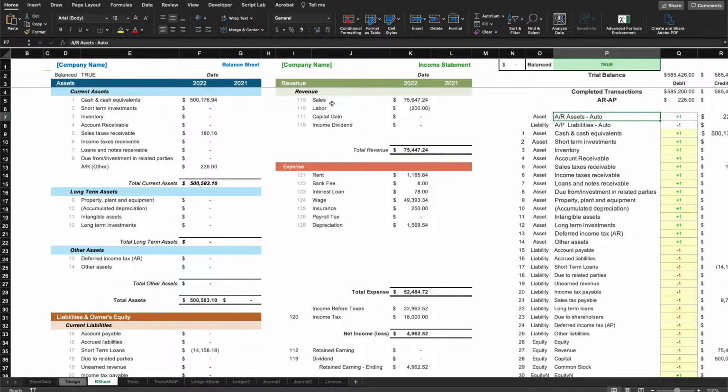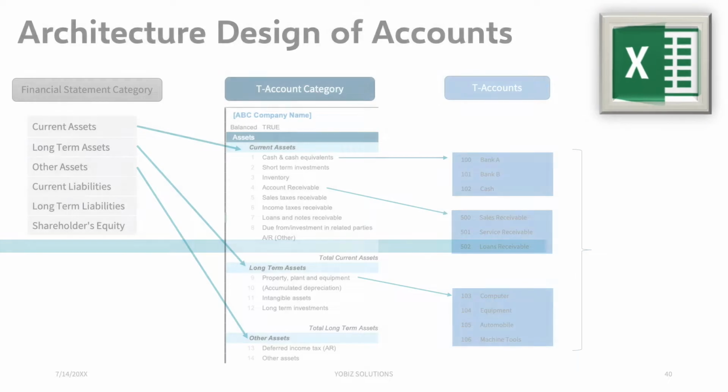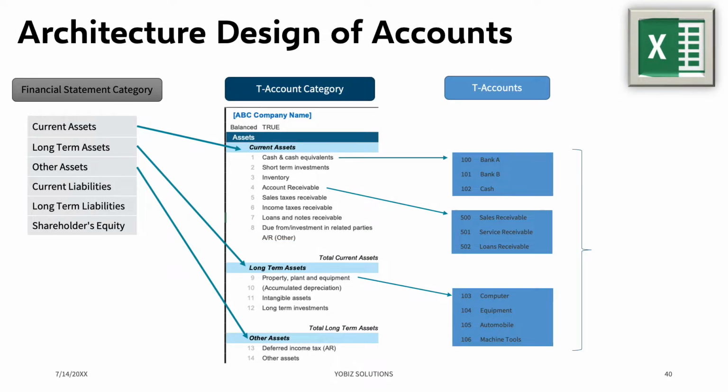and the income statements. To understand the approach better, we completely designed the structure of our application back in video number 4. Our T accounts are linked at the hierarchy level 1. At hierarchy level 2 is where we categorize all those T accounts into various T account categories, and then we go one step further, where all those categories are subgrouped into the various sections inside our financial statement categories.